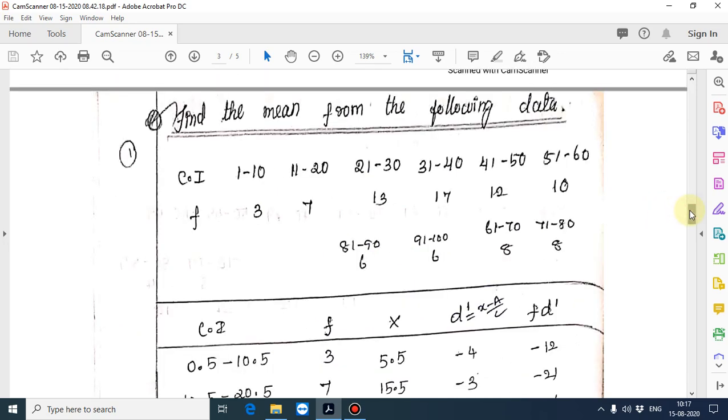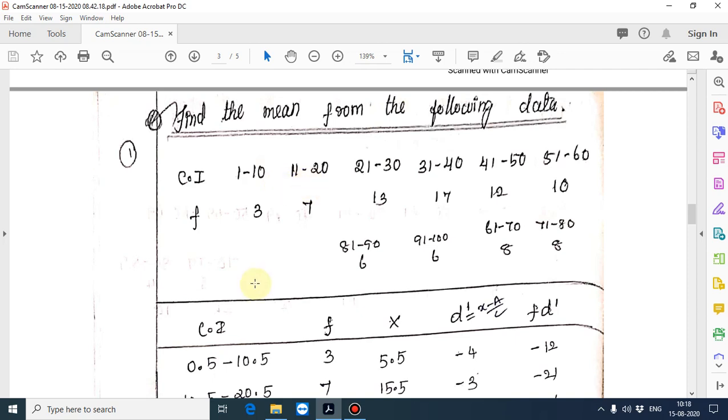Next problem: find the mean from the following data. Here the class intervals given are 1 to 10, 11 to 20, 21 to 30. You will not get the absolute values. So as I said in the previous problem, if it is like this, you have to put the class intervals as 0.5 to 10.5, then 10.5 to 20.5.